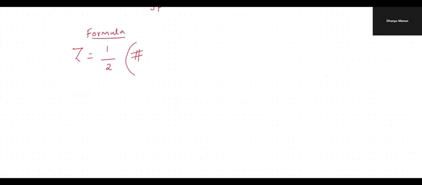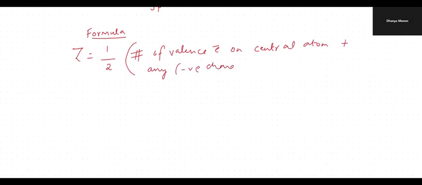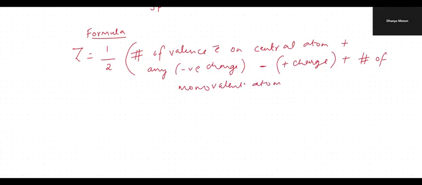We find the value of Z, where Z is equal to half of the number of valence electrons on the central atom, plus any negative charge, minus any positive charge, plus the number of monovalent atoms. Monovalent atoms refer to any having a valency of 1: hydrogen, chlorine, bromine, iodine, fluorine.